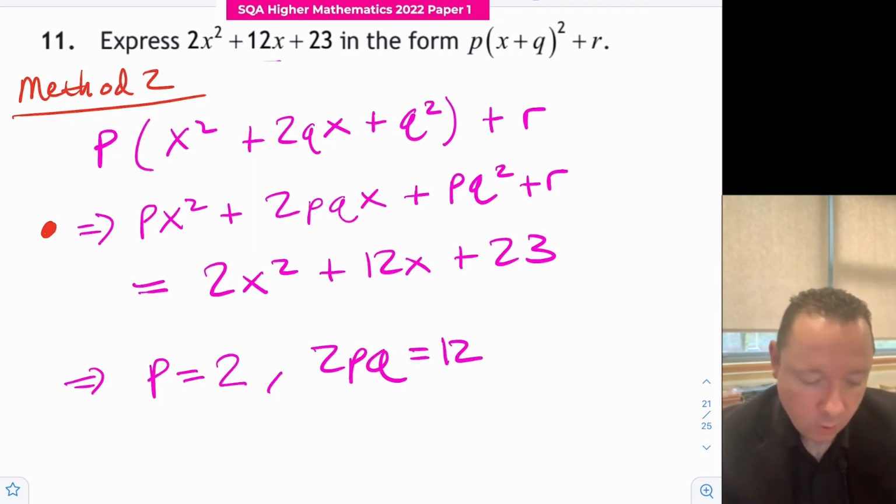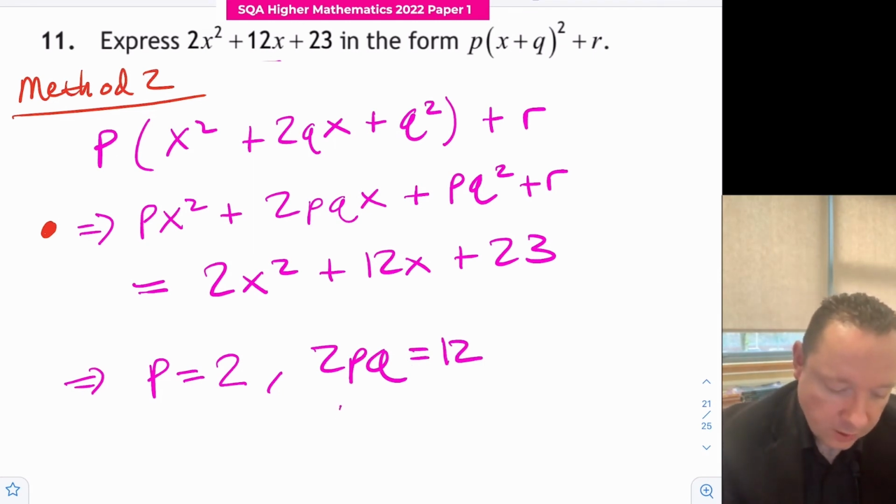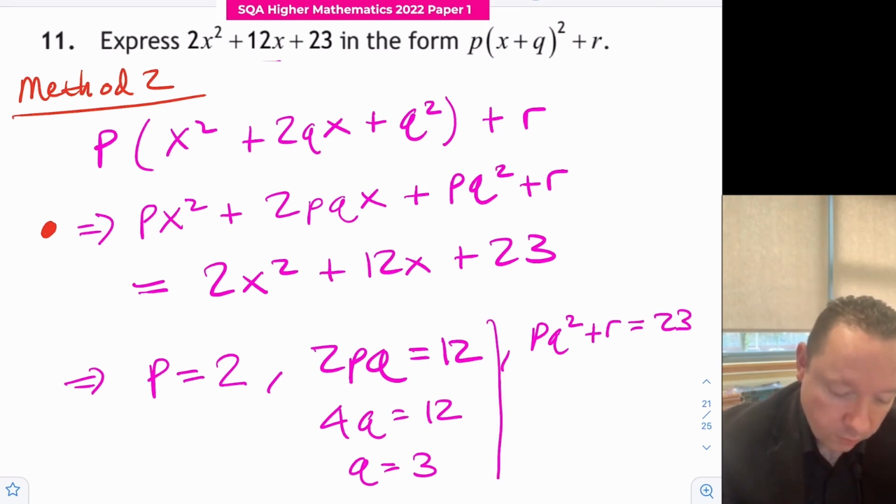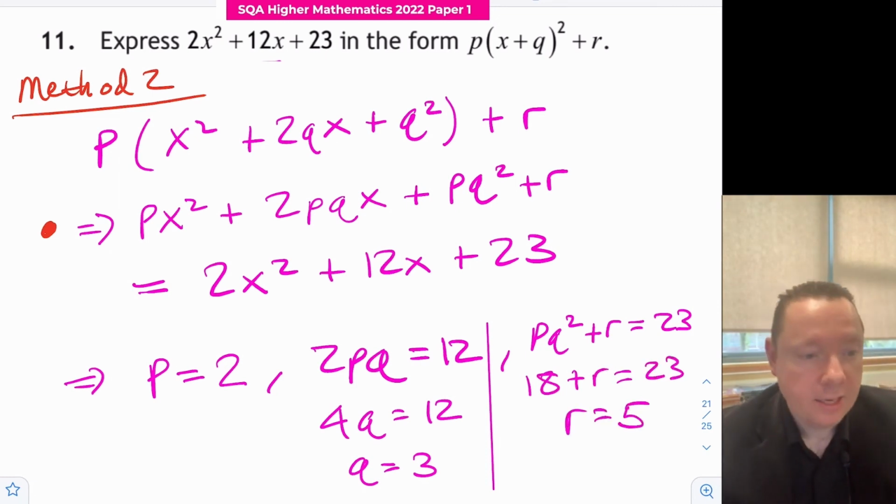But we can immediately work out, since p is 2, that means that 4q equals 12, and q equals 3. And finally, we can see that pq squared plus r is the constant, sorry, equals 23. But we already know that p is 2 and q is 3, so substituting that in, we get 2 times 9, which is 18, plus r equals 23. So r equals 5 in this case.